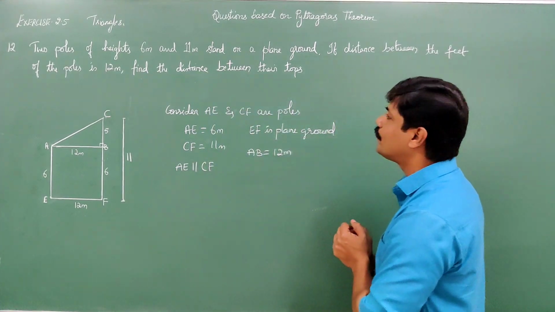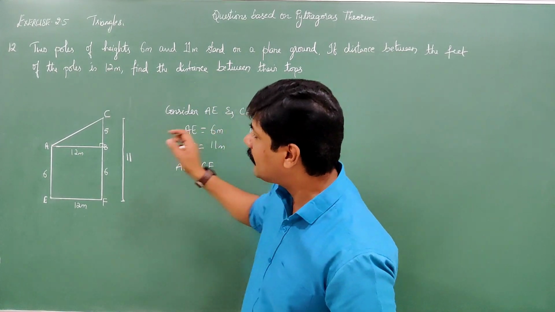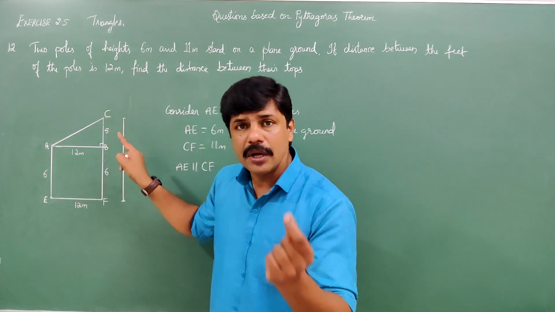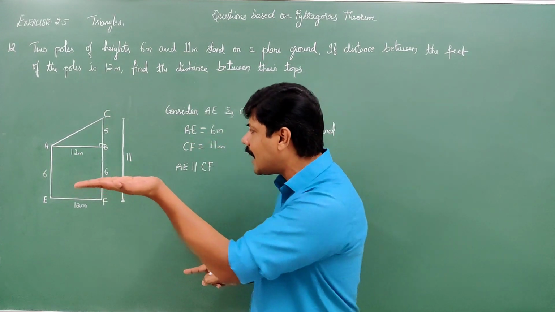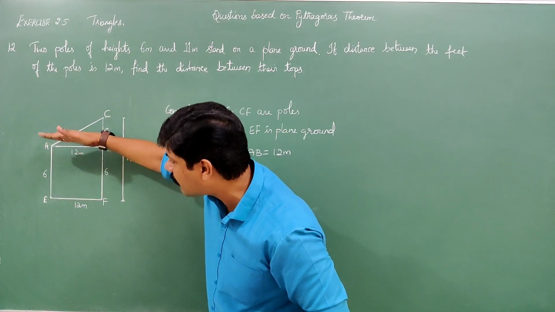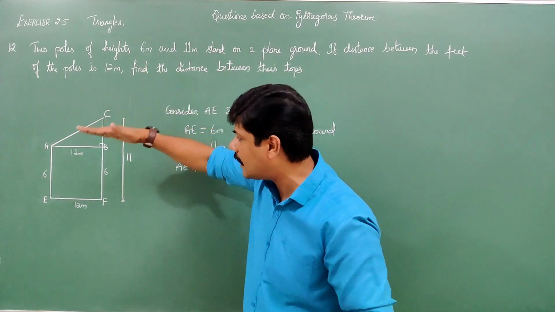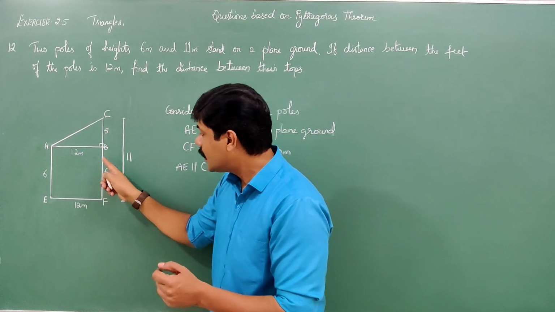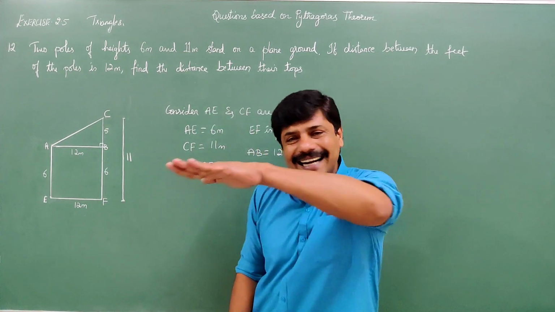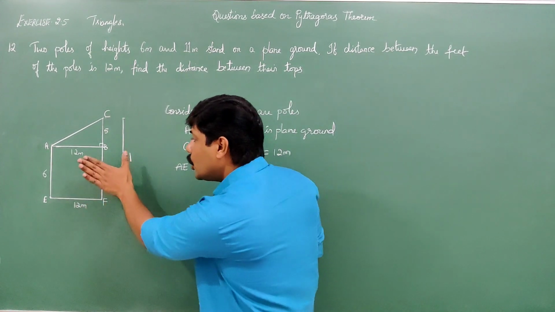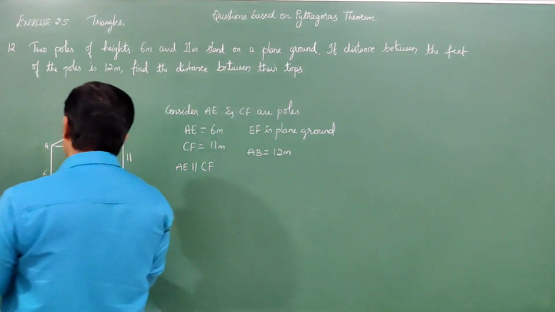If you want to find the distance between their tops, you have to consider a parallel line at the top of the pole AE. When you take the parallel line, this pole C is cut at 6 meters. That means you are neglecting this part.